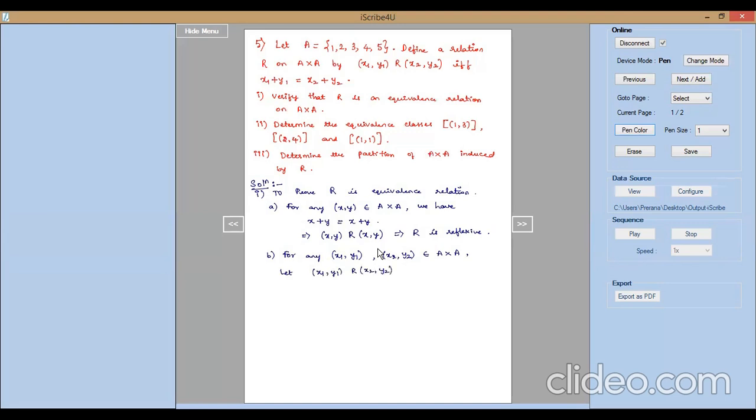We have to prove for symmetric that (x2, y2) is related to (x1, y1). That is the symmetric property: (a, b) belongs to R, we have to prove that (b, a) also belongs to R. So I have to prove that (x2, y2) is related to (x1, y1).